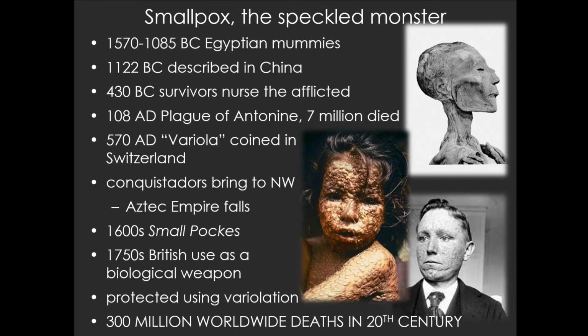And in order to try to protect people from infection, this idea that went all the way back to 430 BC, that survivors could nurse the afflicted, was used to protect people in a process called variolation, which we'll talk about in just a moment. But again, to give us some context, just in the 20th century, about 300 million people died worldwide due to smallpox.